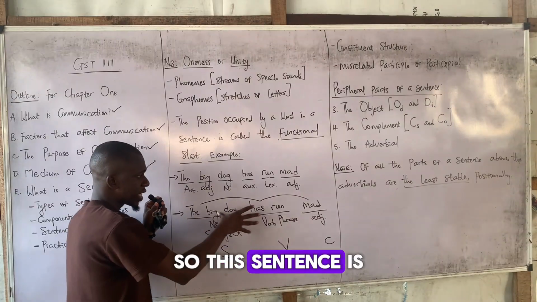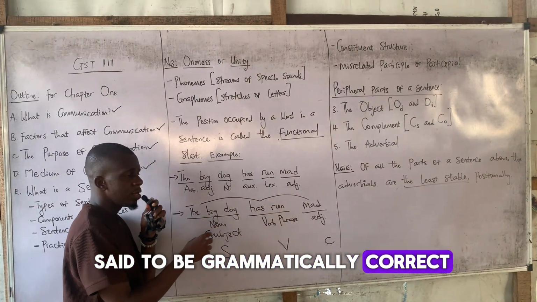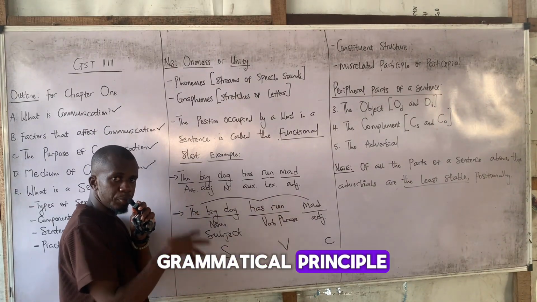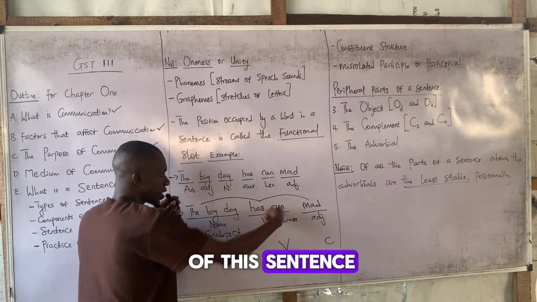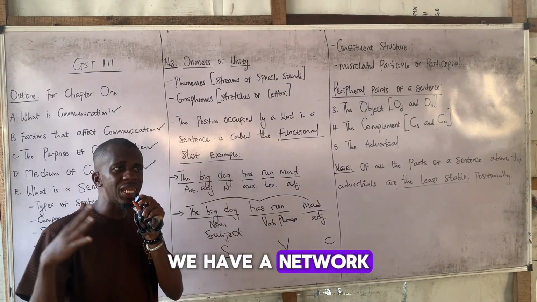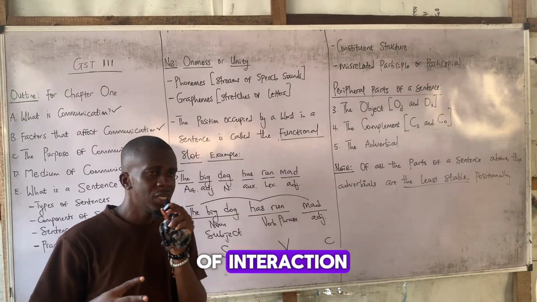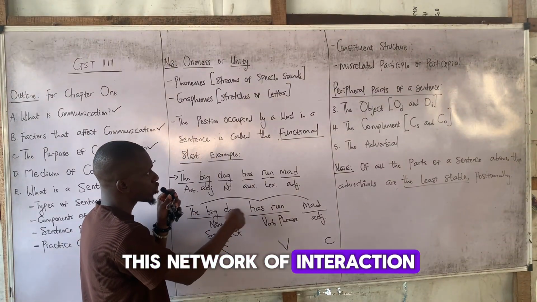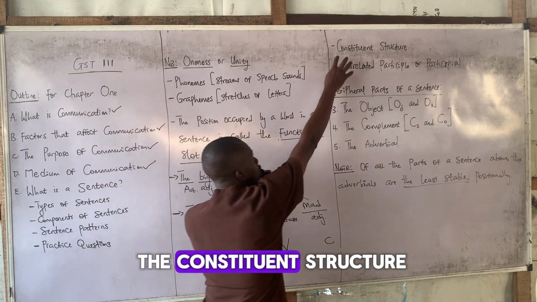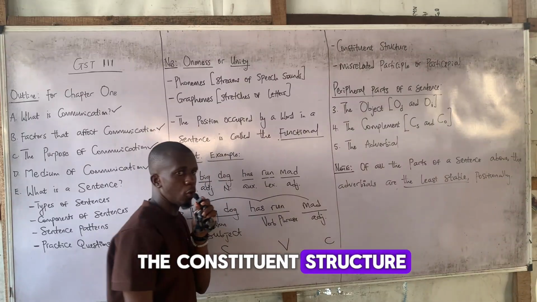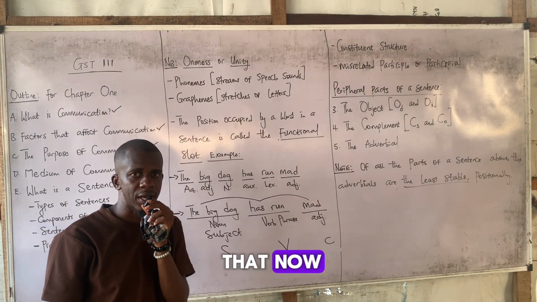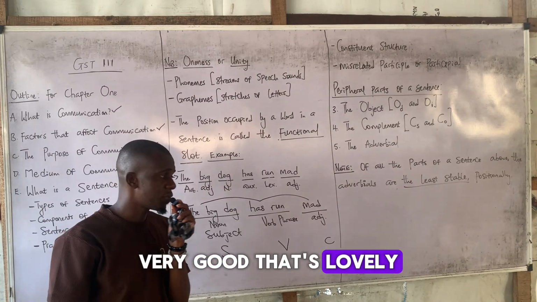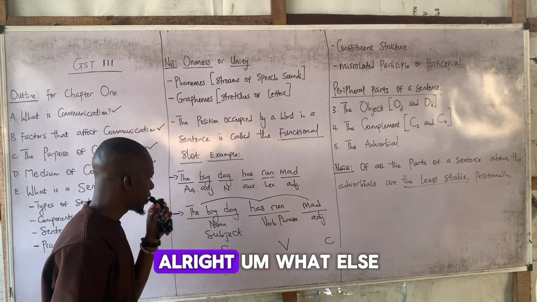So, this sentence is said to be grammatically correct because it follows a grammatical principle. Also, among the components of this sentence, we have a network of interaction. This network of interaction is what we call the constituent structure. Constituent structure. You see that now? Very good. That's lovely.